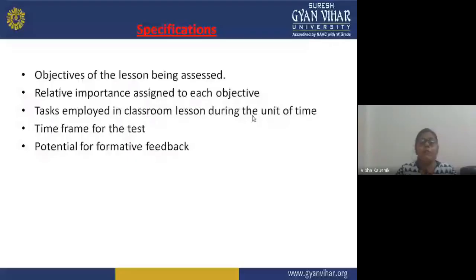Time frame means how much time is given for developing that particular test.